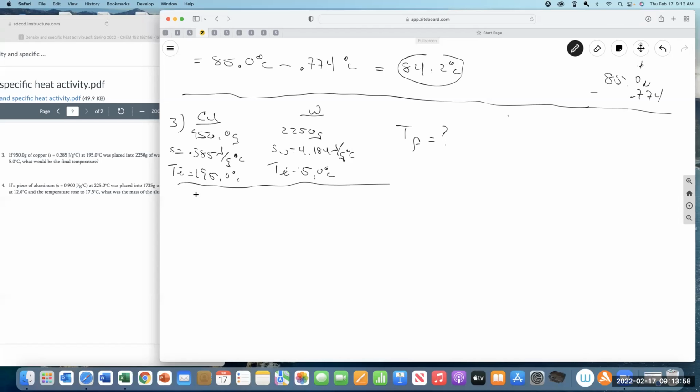Okay, so we have Q copper plus Q water equals 0. So then we have the mass of the copper, specific heat of the copper, TF minus TI of the copper, plus mass of the water, equals 0.